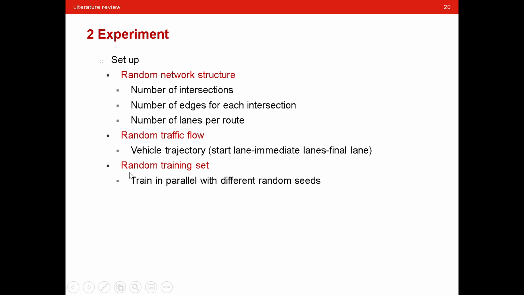And last is the random training set. They train in parallel with different random seeds. I think the random seeds are very important because in reinforcement learning, once you set a different seed between studies, you sometimes get a very different reward. So they use this scheme to boost the robustness of this model.